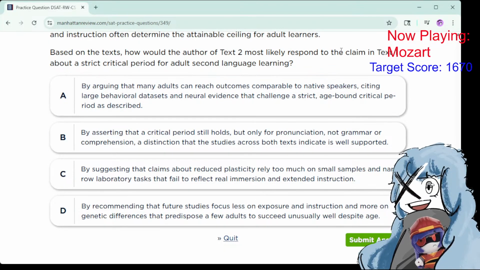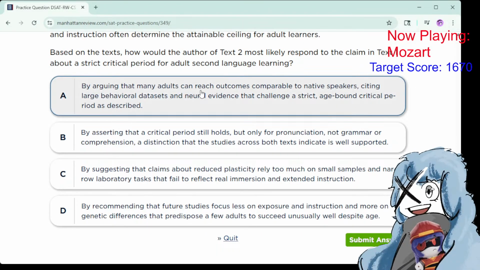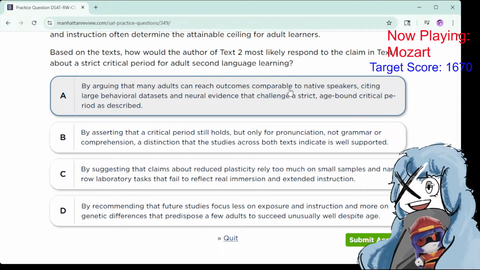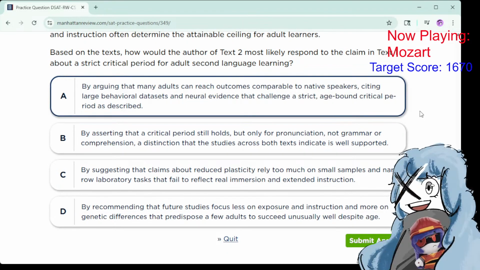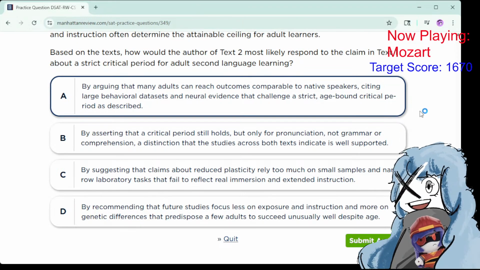How would text 2 most likely respond to text 1 about a strict critical period for adult language learning? By arguing that many adults can reach native-like outcomes, citing large behavioral data sets and neural evidence that challenges the strict age limit. Pretty much A. By asserting that the critical period still holds, but only for pronunciation, not grammar or comprehension. That's not really correct. By suggesting that claims about reduced plasticity rely too much on small samples and narrow laboratory tests that fail to reflect real use.